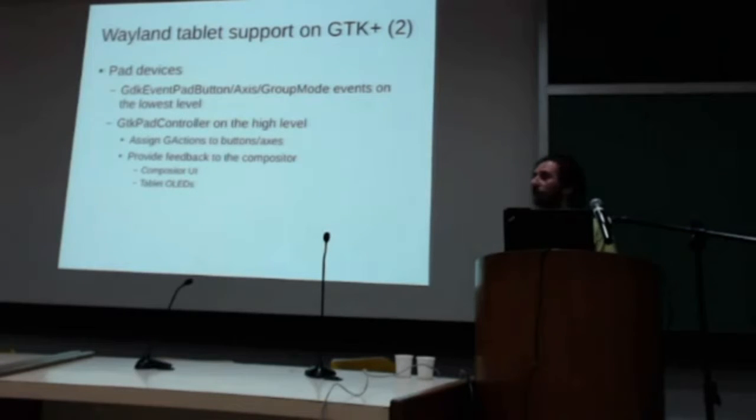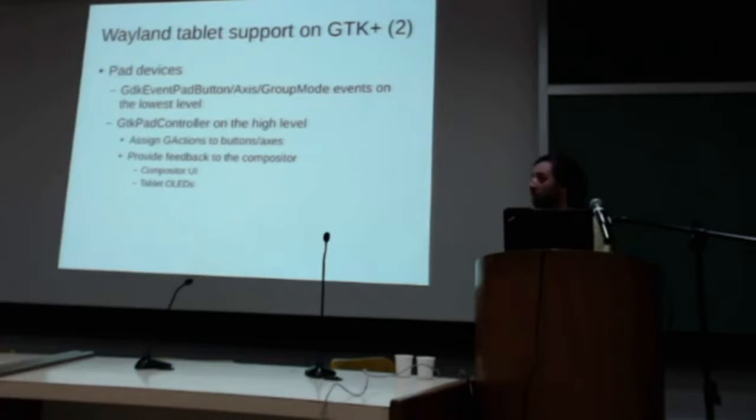And this allows very high level assignment of actions to buttons and axes in the tablet, of course taking modes into account, and it allows it to provide the feedback to the implementation, which I talked about. It's this object which actually gives back to the compositor this information, which can be used for the compositor UI.